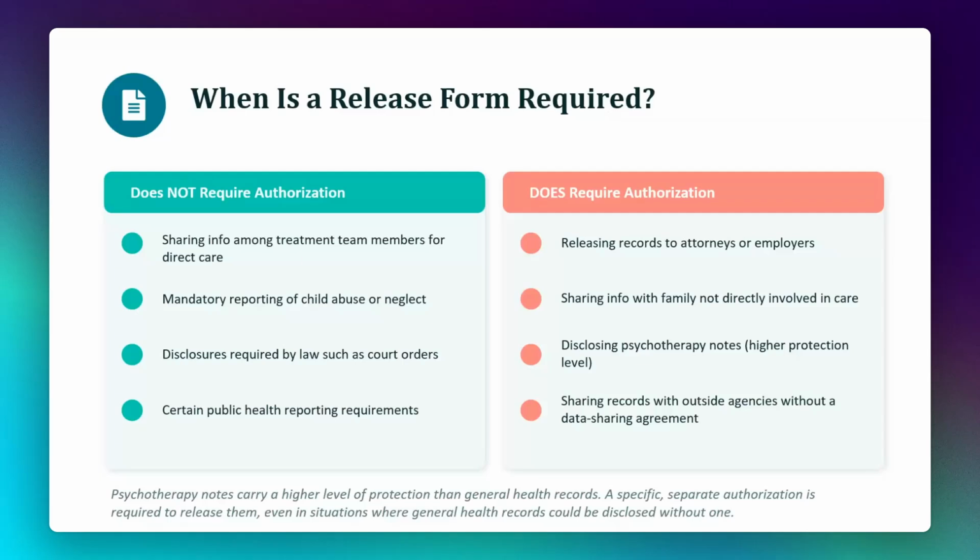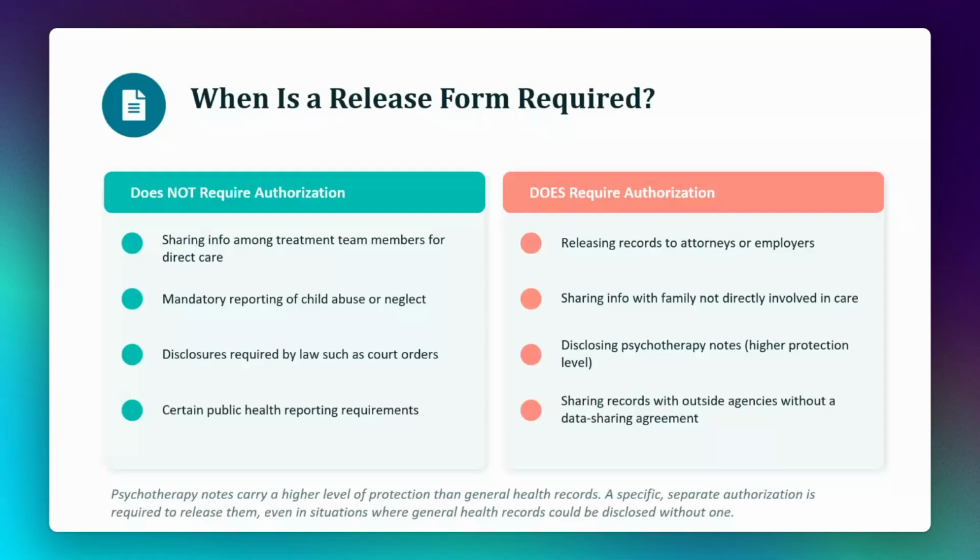The disclosures that generally do not require authorization or a release of information form include sharing information among members of the treatment team for direct care purposes, mandatory reporting obligations such as child abuse or neglect, disclosures required by a court order, and certain public health reporting requirements. These are situations where the law either permits or requires disclosure without client authorization.